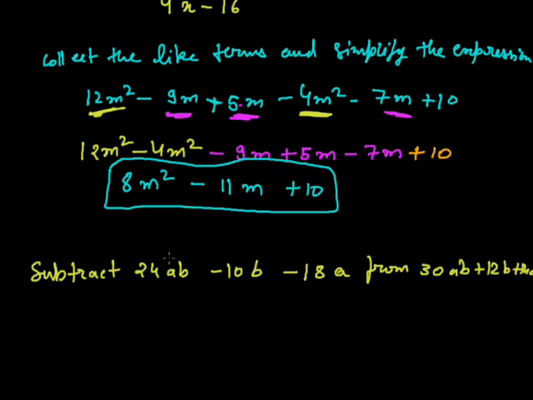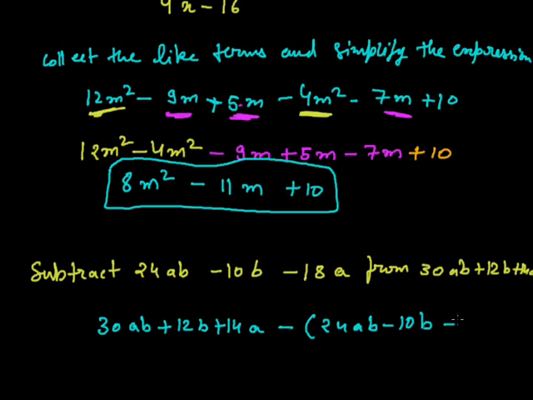Now we have to subtract this from this. So first we will write 30ab plus 12b plus 14a, and we have to subtract 24ab minus 10b minus 18a from it.